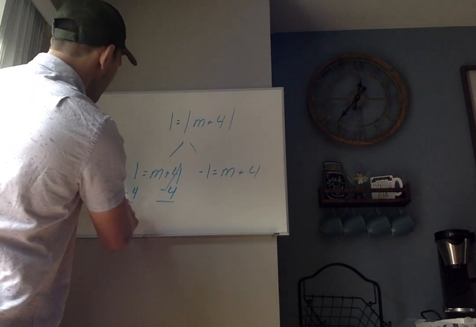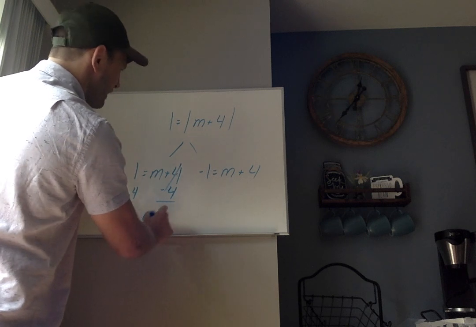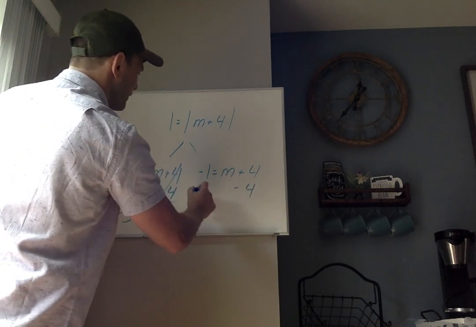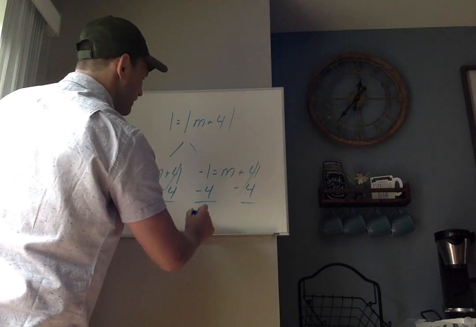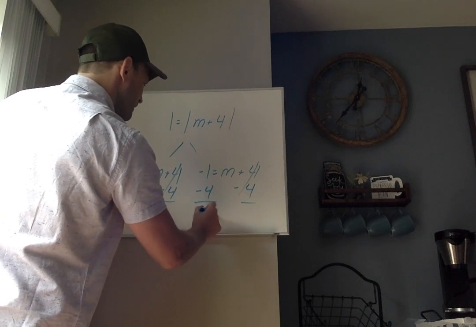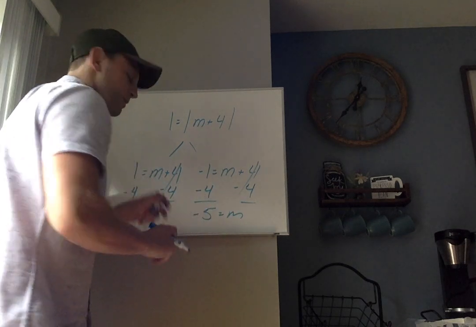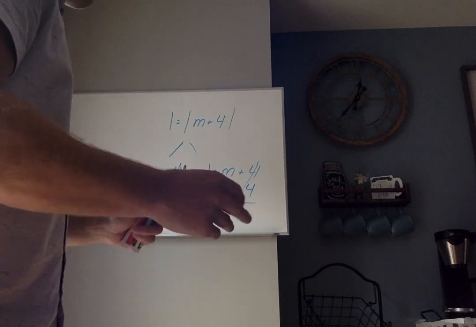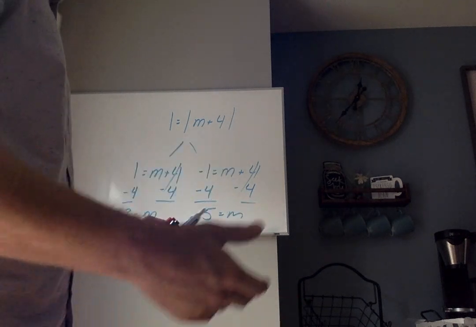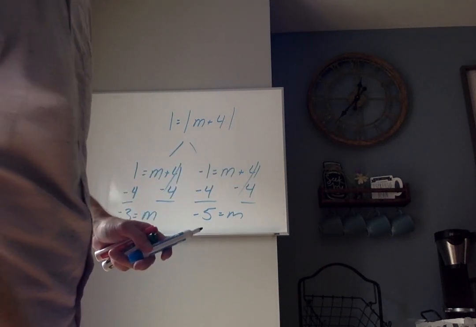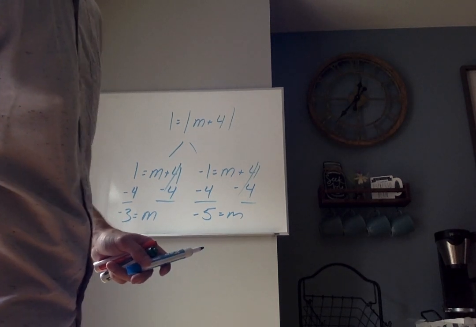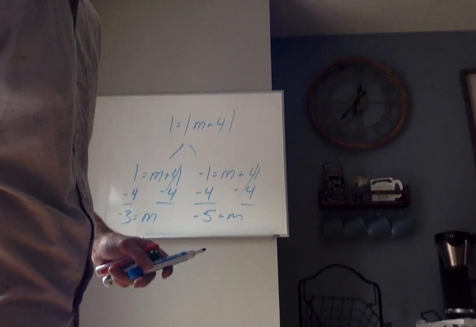That's going to give me negative 3 equals m. And here, subtracting 4 away, I'm going to get negative 5 equals m. So don't fall into the trap of thinking you're always going to have a positive answer and a negative answer. In this case, notice I have two numbers that are both negative.